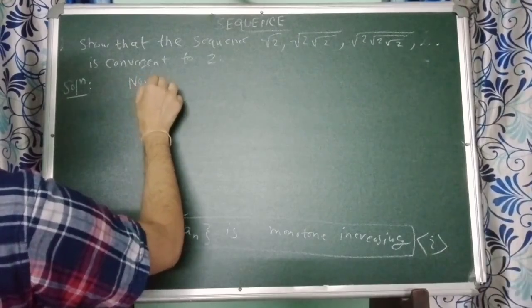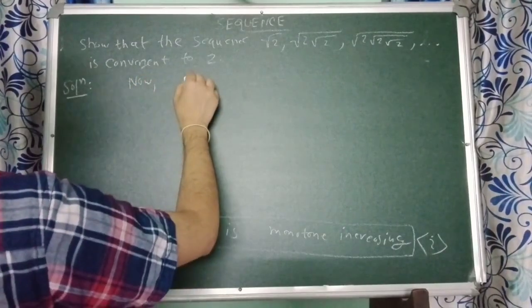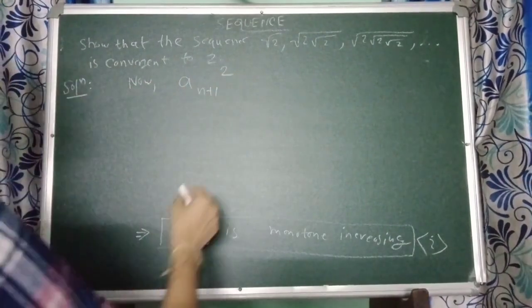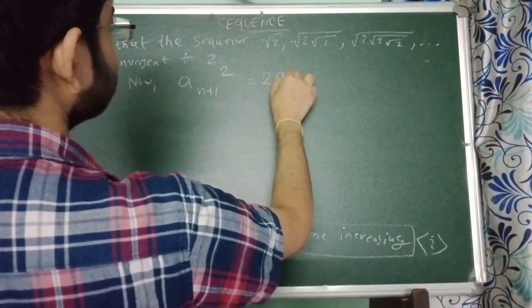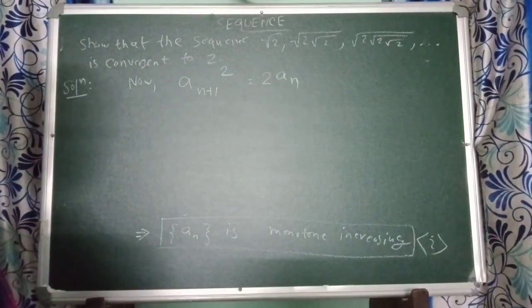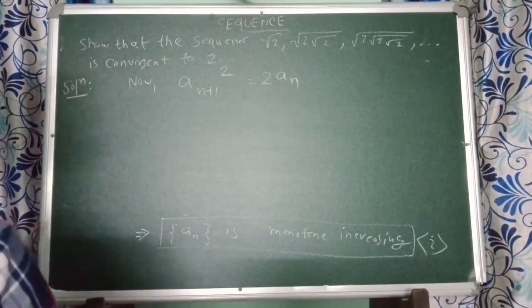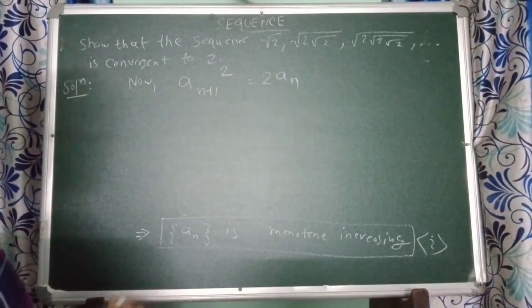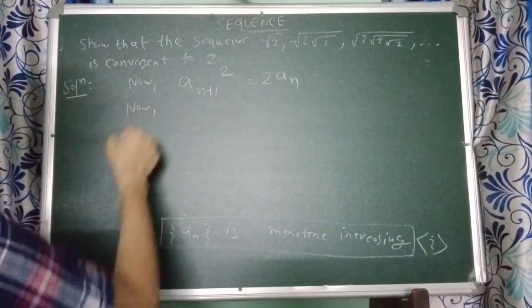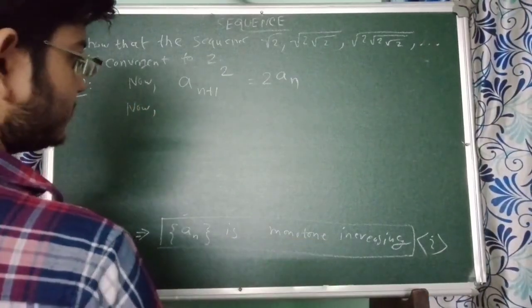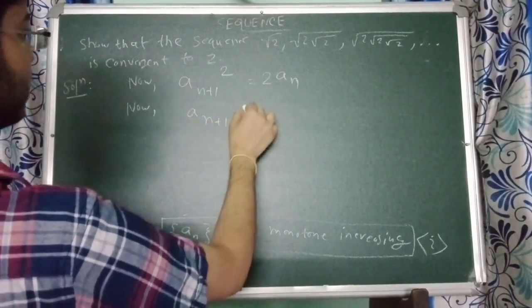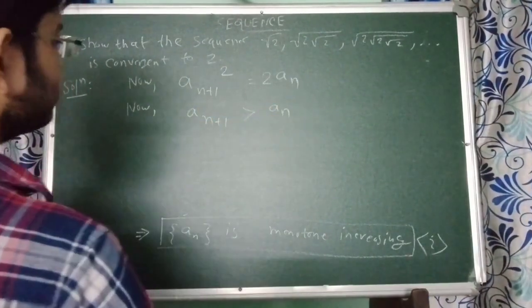We have already seen this kind of expression, which is already proved. Now since a_n is monotone increasing, a_{n+1} is greater than a_n.